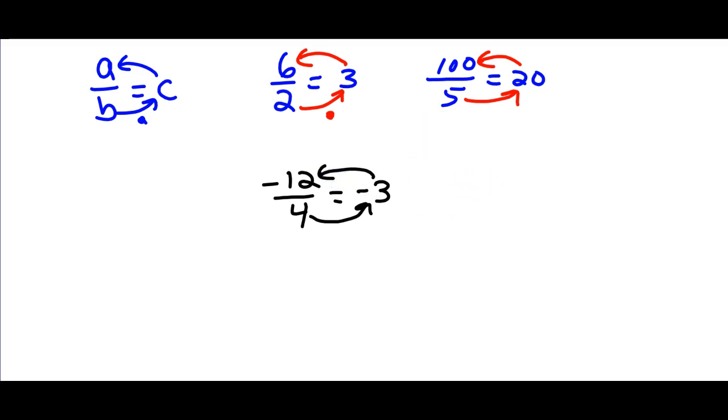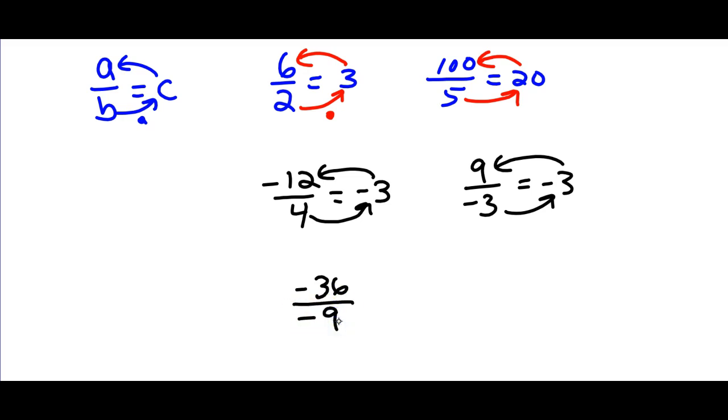What if I had the negative in the bottom? So if I had 9 divided by negative 3, that also equals a negative number. Why? Because negative 3 times negative 3 is a positive 9. But what if I had two negative numbers? What if I had negative 36 divided by negative 9?